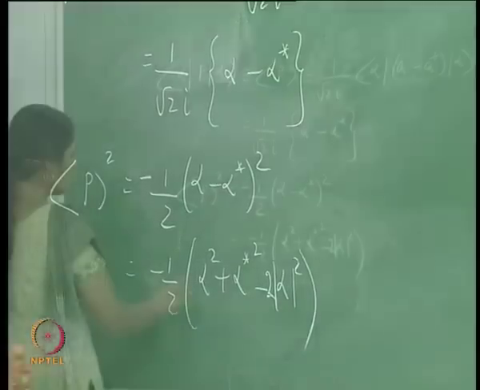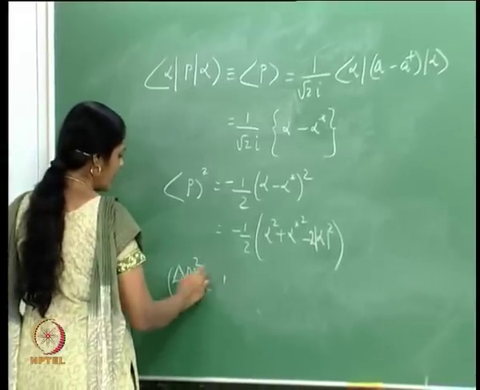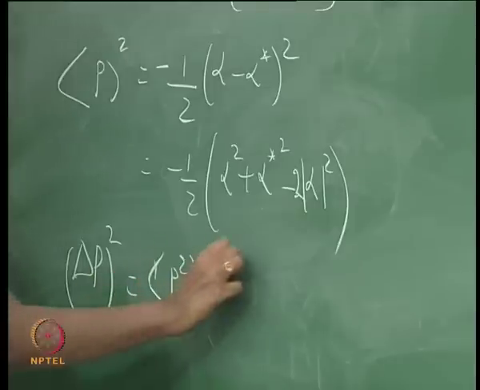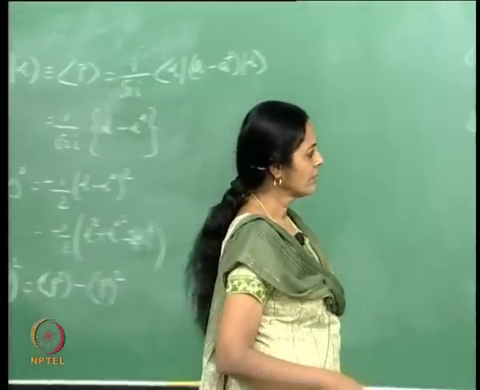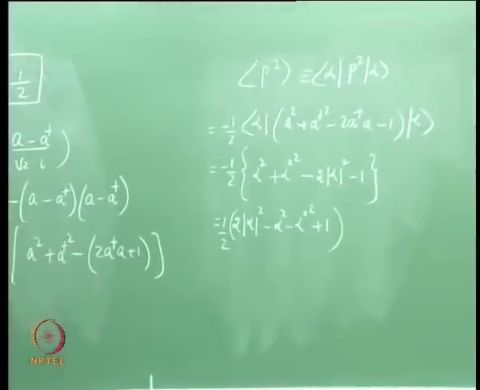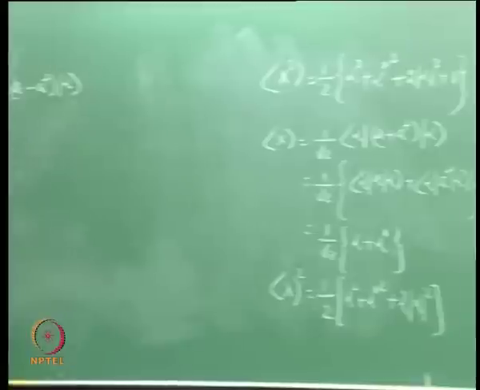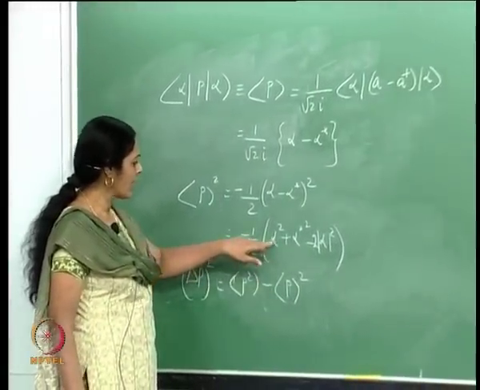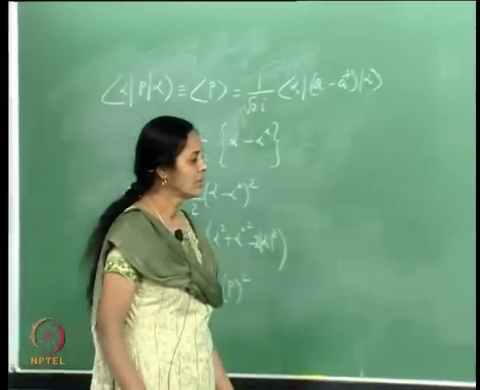I need to find the variance in P. Delta P the whole squared, that's the variance, is expectation P squared minus expectation P the whole squared. Look here for expectation P squared. There is a minus alpha squared by 2 minus alpha star squared by 2. This gives me, once I put in this minus sign, it cancels out with an alpha squared by 2 here and an alpha star squared by 2.